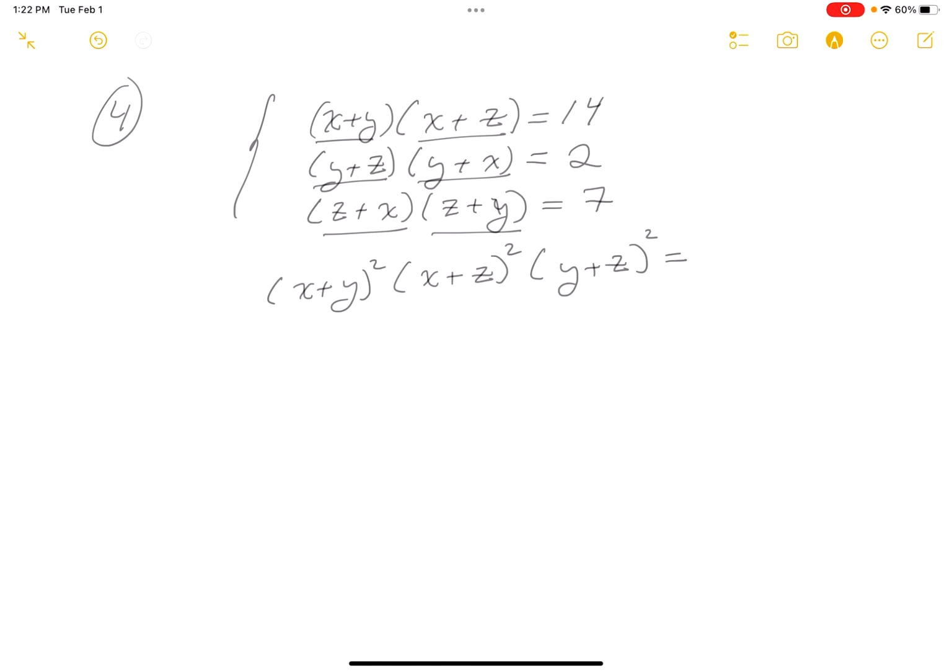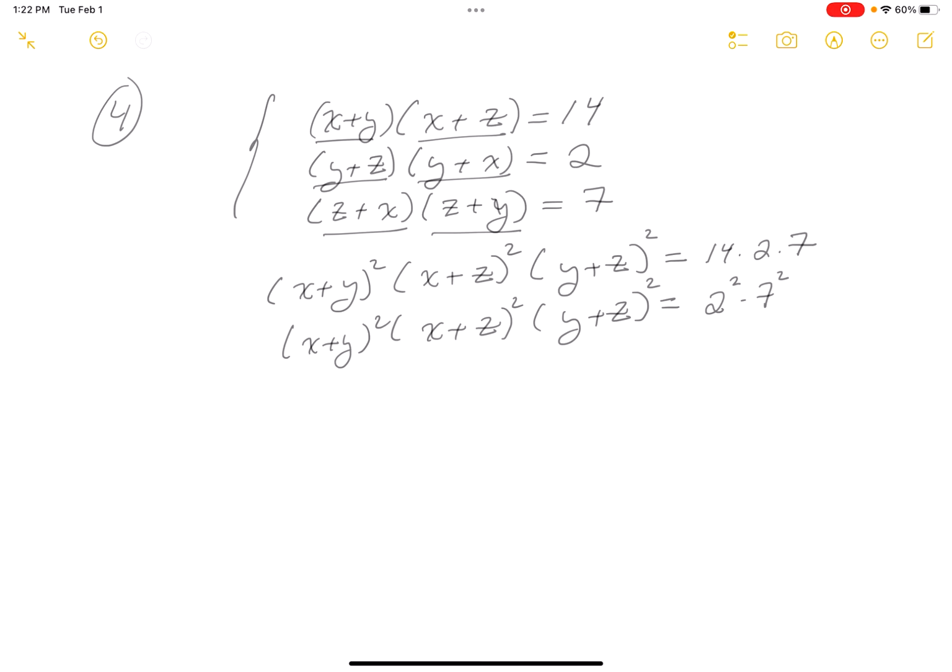And what does it equal? Well, it equals 14 times 2 times 7. All right? So, let me just, I guess I got to simplify a little tiny bit, right? So (x plus y) squared, (x plus z) squared, and (y plus z) squared. Well, I'm going to write this as, let's see, I guess I could write down 2 squared times 7 squared.